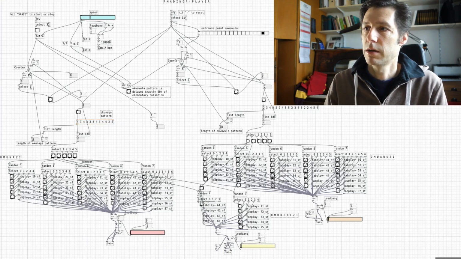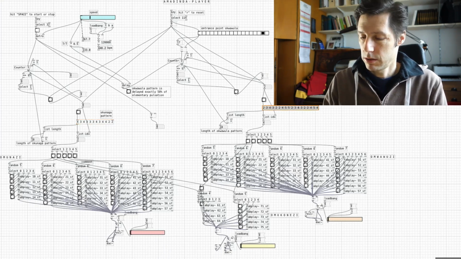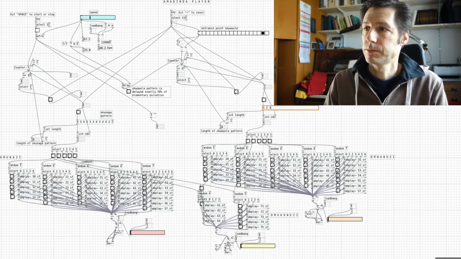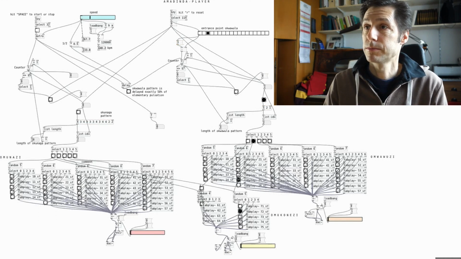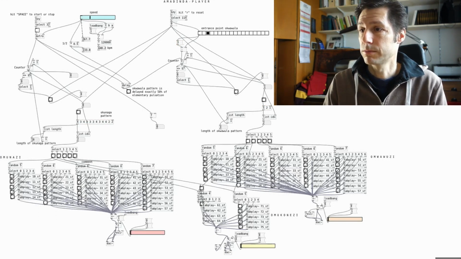It's a 12 note pattern. The other pattern is only 3 notes, so I'm gonna change the pattern length here, and also need to change the entrance point. And here we go.